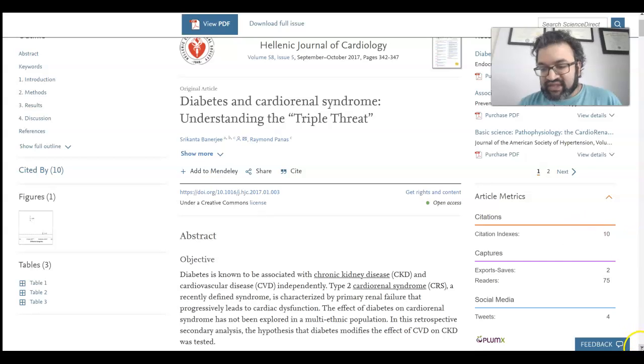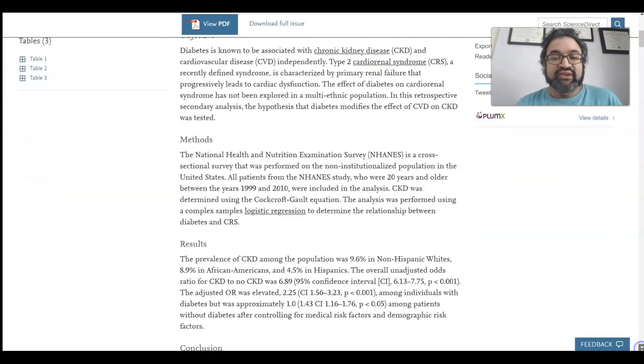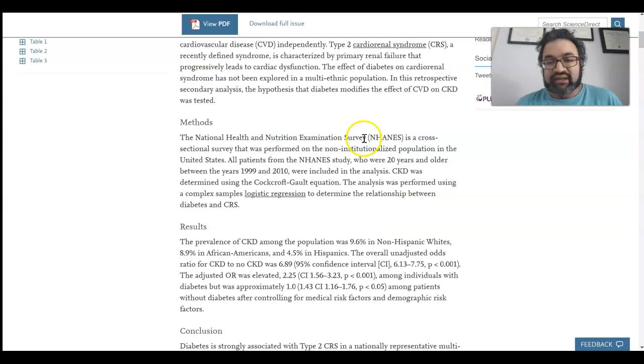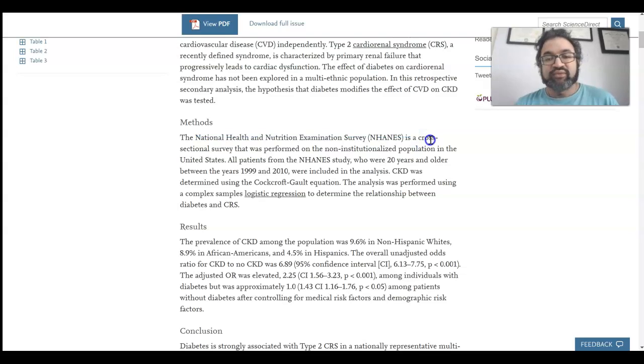So now, just thinking about epidemiologically, what type of study is this? You can go through and look through the description. We wrote an abstract, and here's the data set that's used for the study, the National Health and Nutrition Examination Survey, NHANES. So what type of study is this? Is it a longitudinal study?